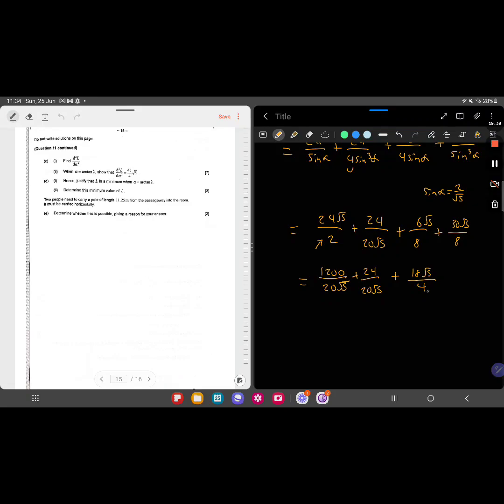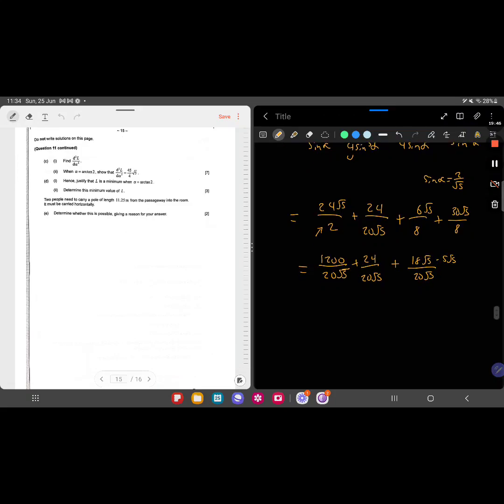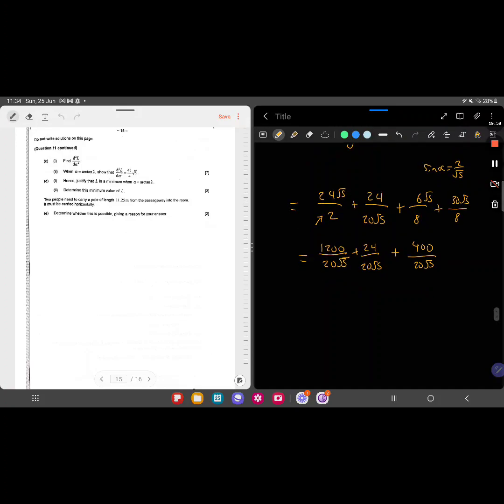And then we can times 5 root 5 on both sides here. 5 times 18 is, 8 times 5 is 30. So that's 80. 80 times 5 is 400. Yeah. So 400. So this equals 1200 plus 20.